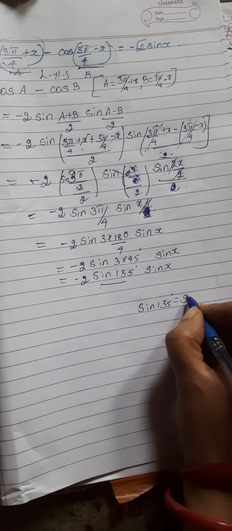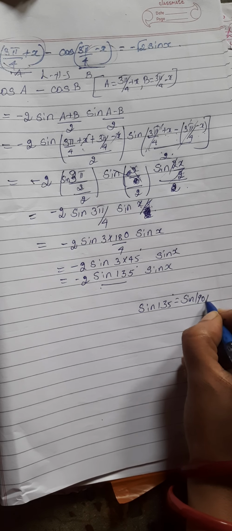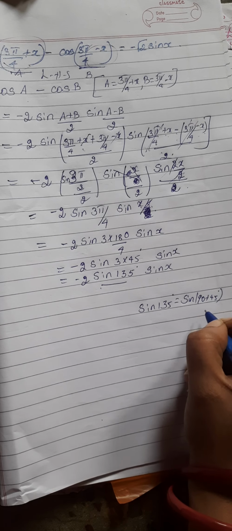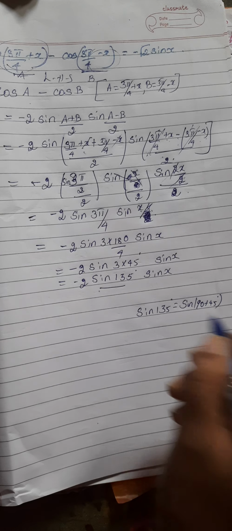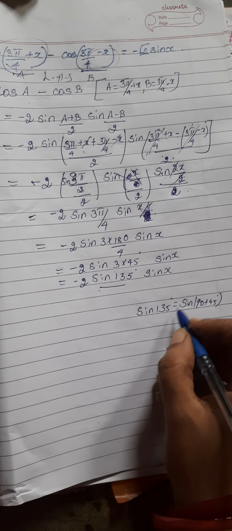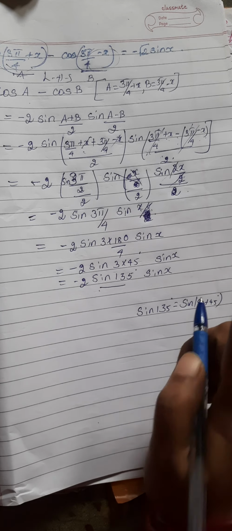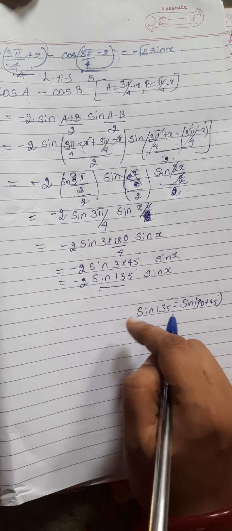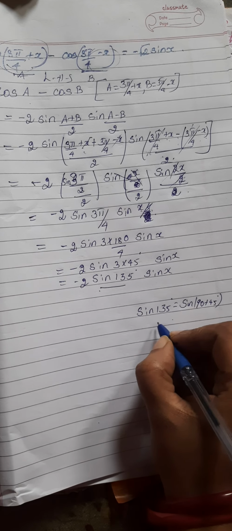Sine 135 can be written as sine 90 plus 45, or with 180 also you can write. Sine 90 plus 45 lies in the second quadrant. In the second quadrant sine is positive, so it will come positive.